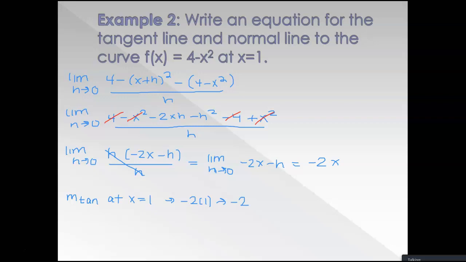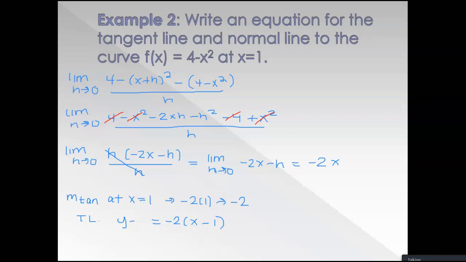So the equation of the tangent line is y minus, oh, I don't know y1. How do I find y1? What does y1 represent? It represents the y value when x is 1. So it's y minus y1 equals m times x minus x1.